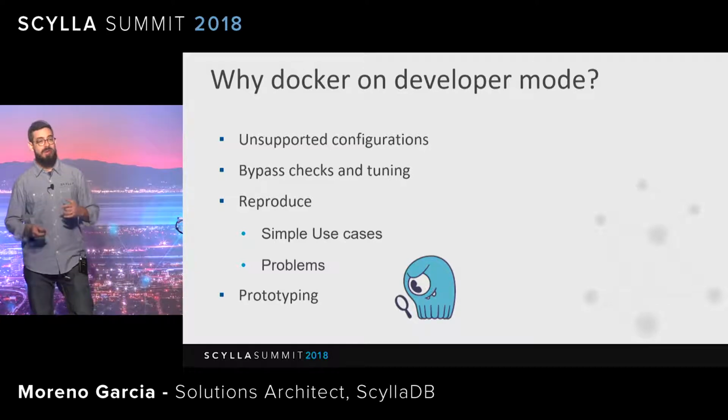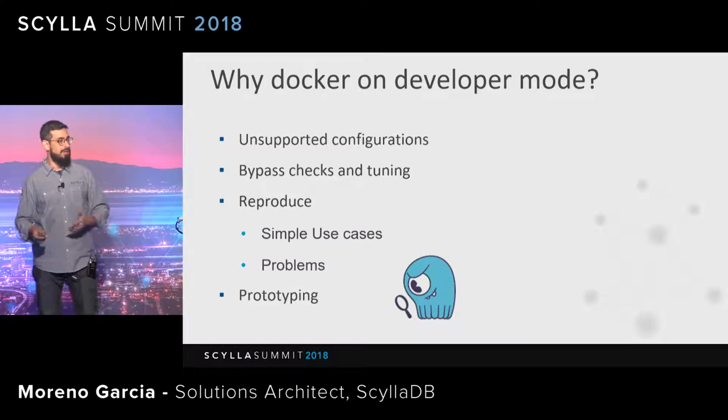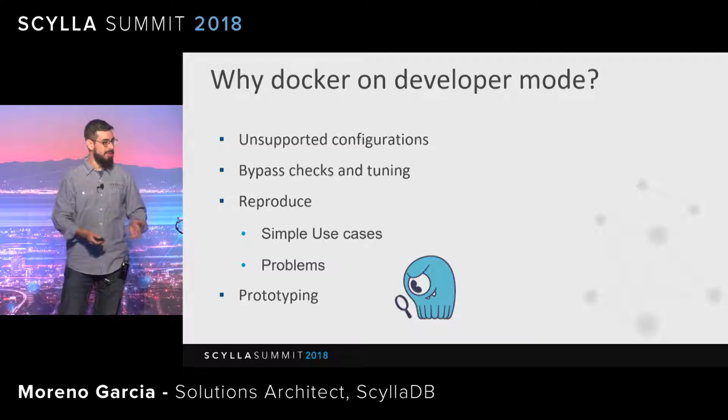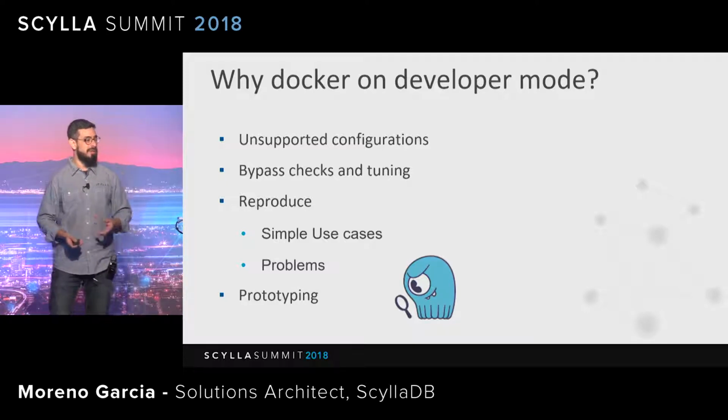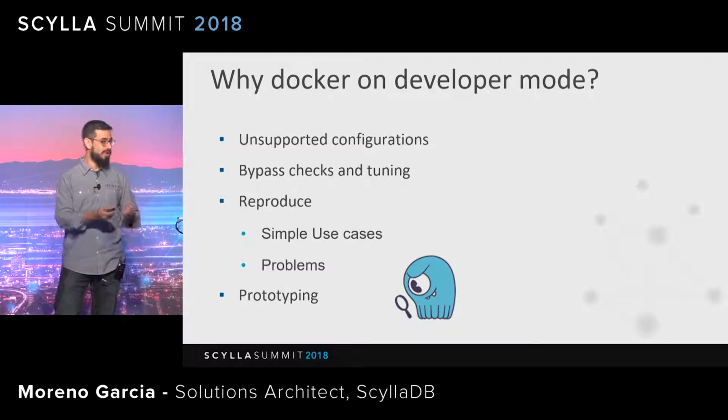So a lot of times when I'm working with customers, they create a very simple procedure to reproduce that problem on Docker, and they just pass that procedure to me, and then it's really easy for us to identify what's failing or what configuration is not correct, and this way bring you a solution.